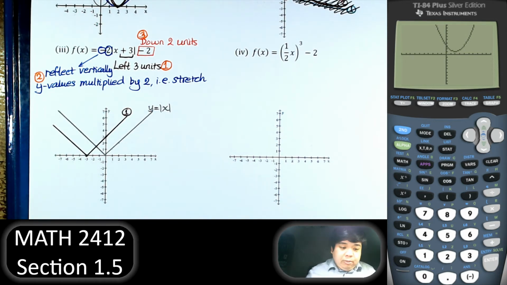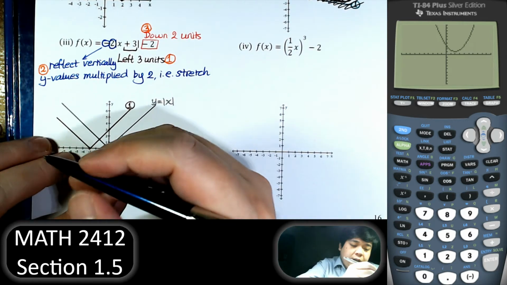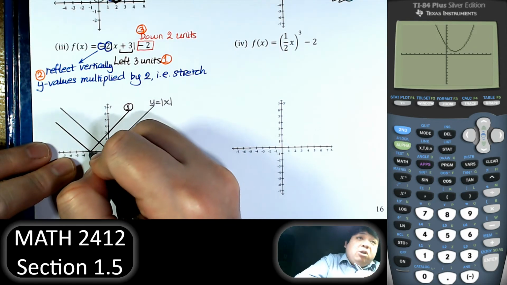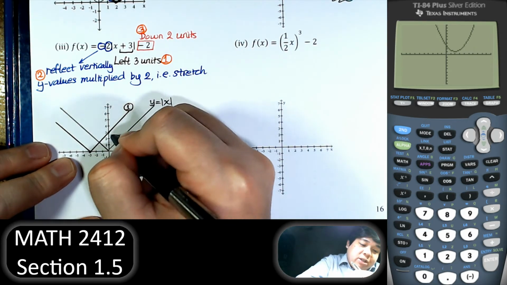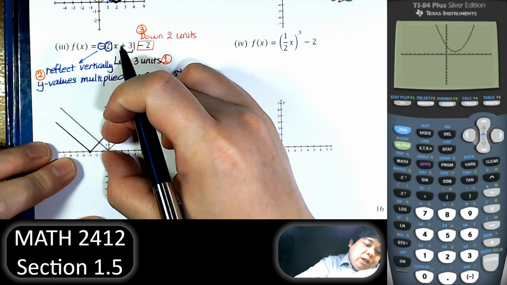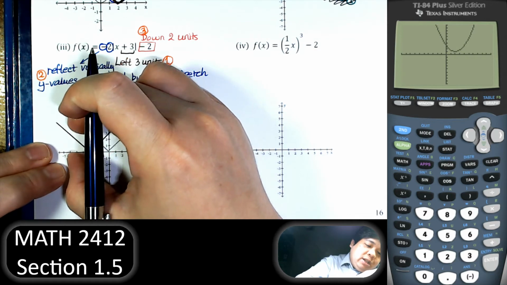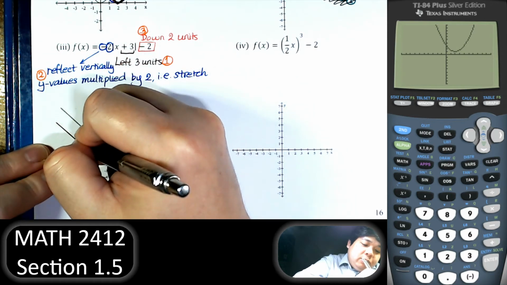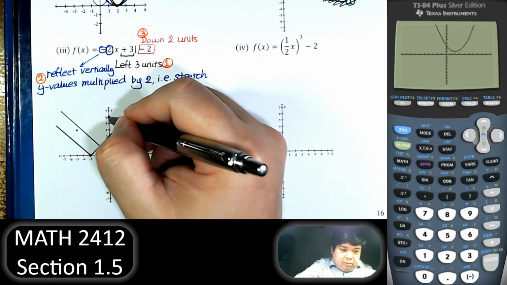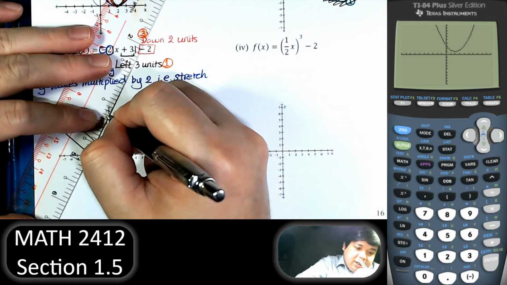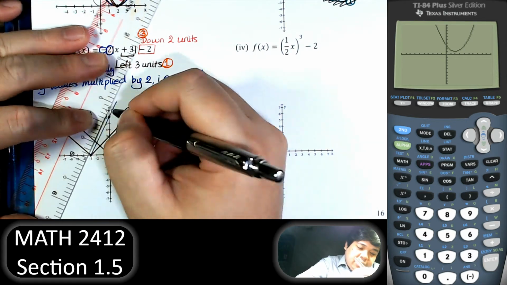Right, so 0, 0 will stay the same. The y values, let's say this is this much, it's going to be twice as long. And y values here, it's going to be double. So that is the second step.